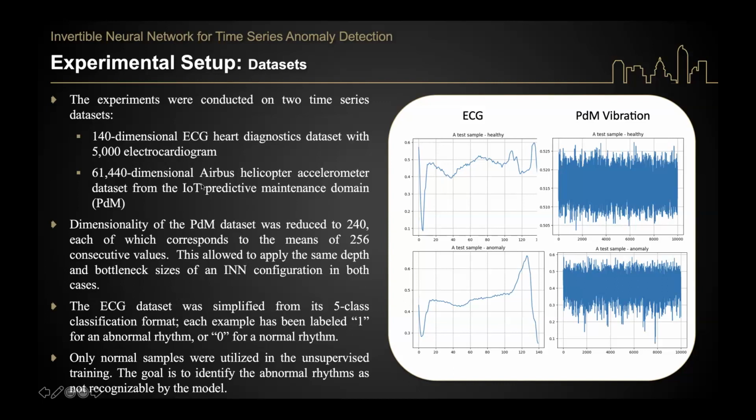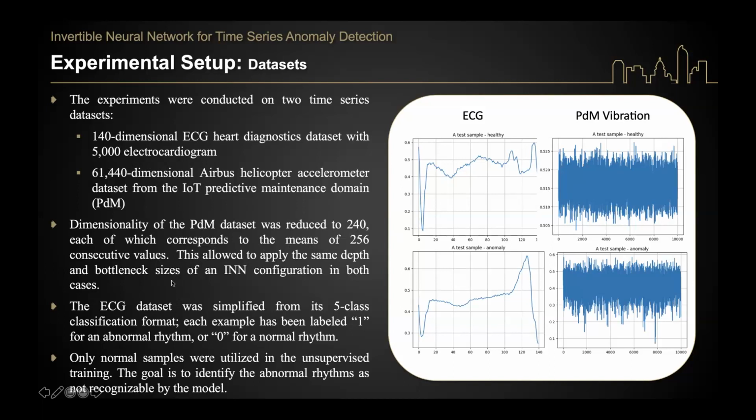So we had to apply some transformations to it in order to make these two comparable, so we don't get lost. It was reduced to about 240 data points in such a way that each of them is the mean of 256 consecutive values. So now it became comparable.